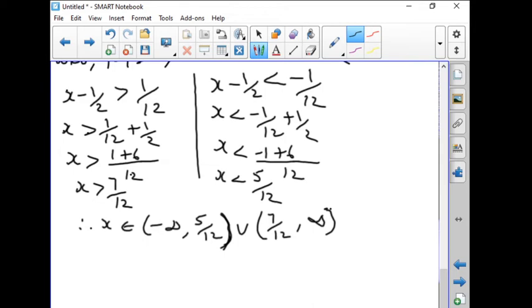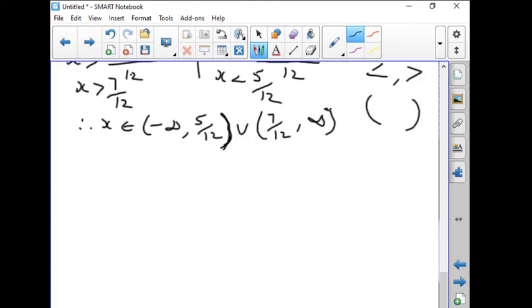When you have greater than or less than sign, that is, we are not having an equal to sign, so we are having only less than or greater than. When we have this sign, we use only this bracket, the parenthesis, and we call it an open bracket.